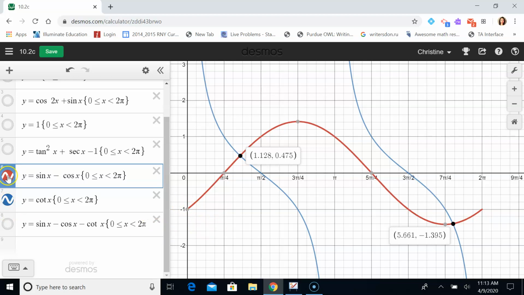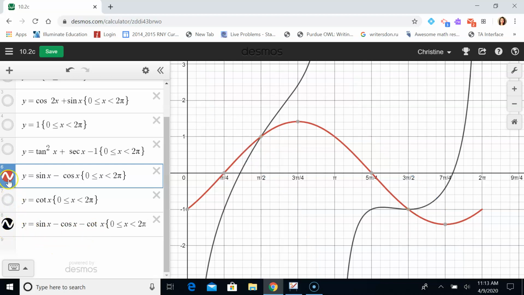The other way that you could do this, and my preference is always to just find the zeros. So what I did was I took the equation, split it into 2 to find the intersections. I prefer to use a zero method, so I subtract cotangent from the right side of the equation to the left. And so I prefer to draw this graph. It's a little bit simpler to draw.